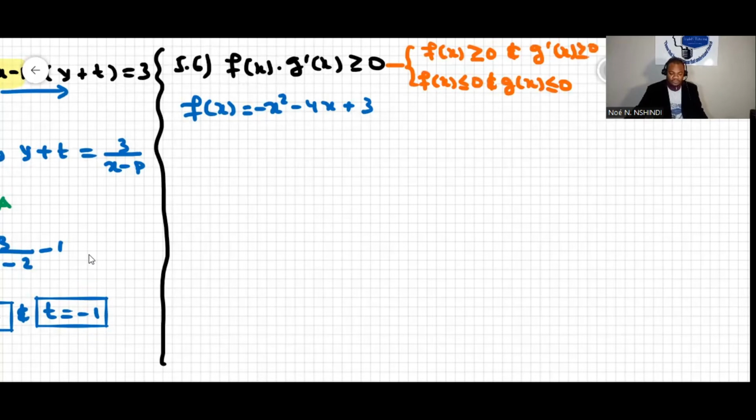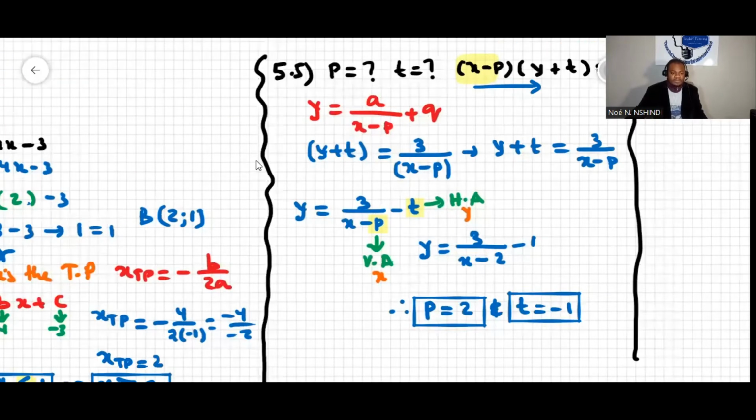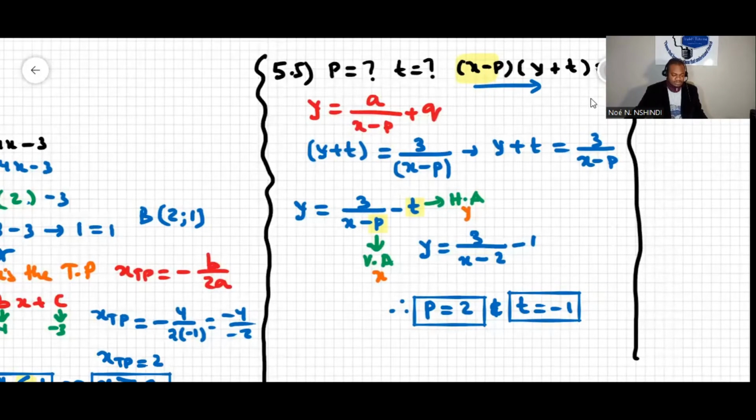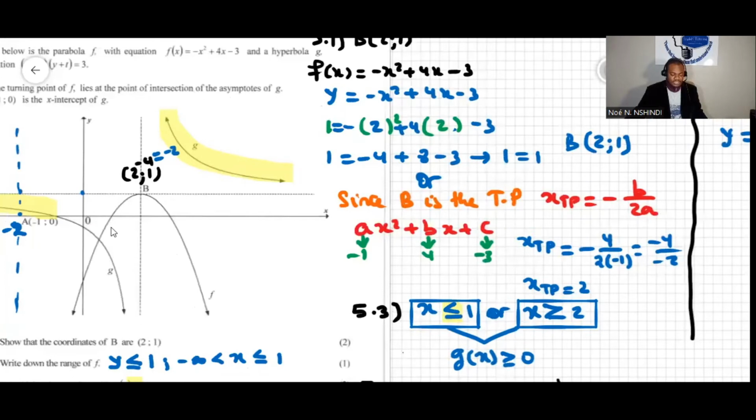We can use the graph or we can factorize. Even from the graph, we can see that it is positive in a certain interval. If I look at the graph here, it is positive when x is in between these values, only this part.